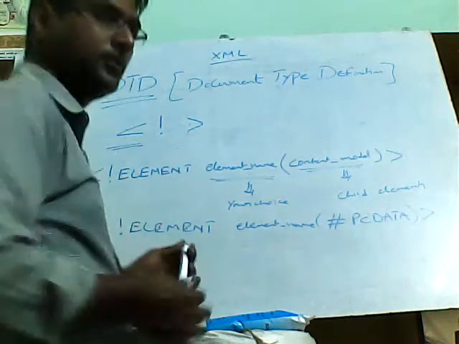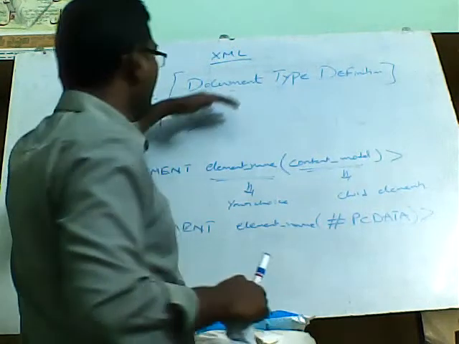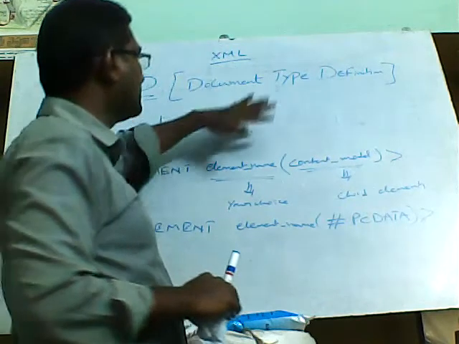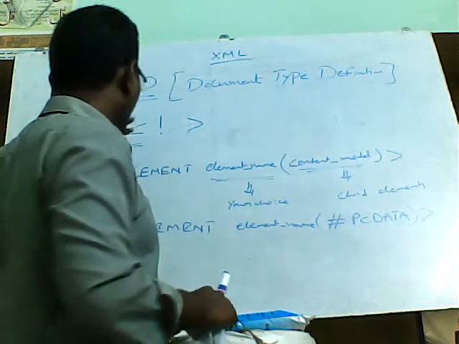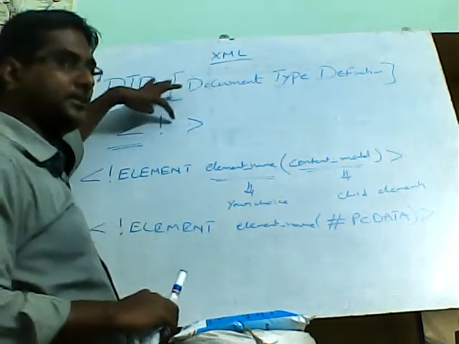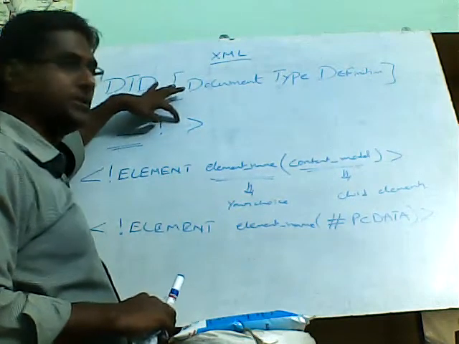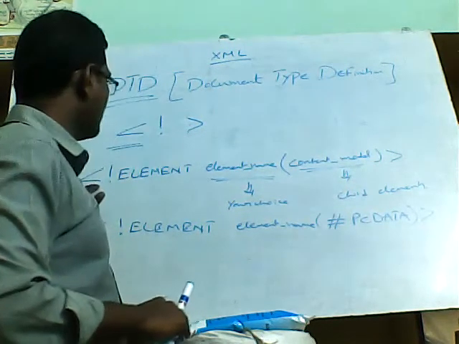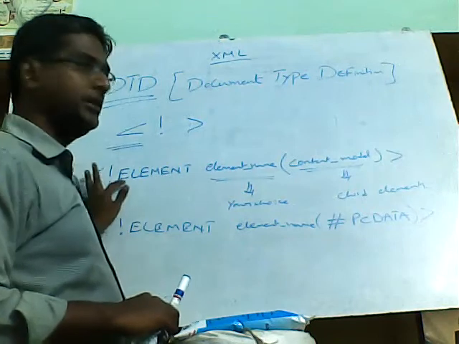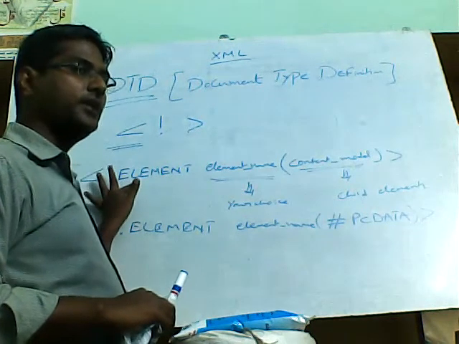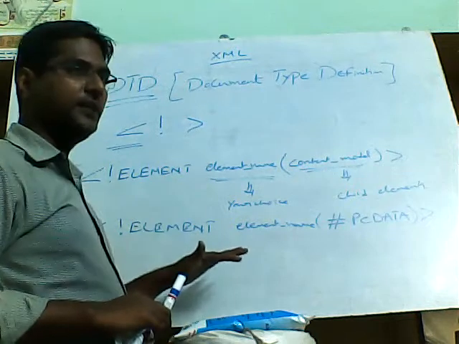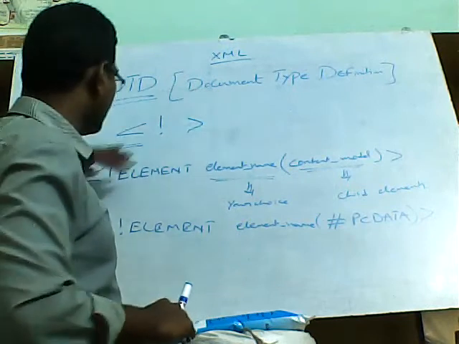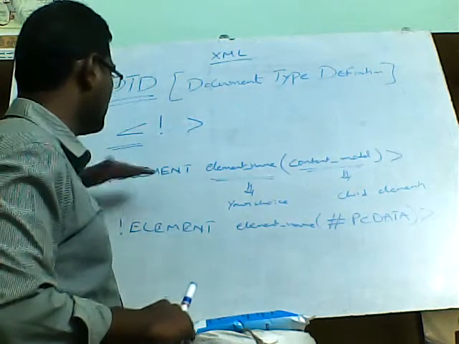So if you want to define an XML document, this is the procedure we need to follow in DTD. The actual syntax for defining an XML document is less than, exclamation mark. In the XML document, you can find the root element and the child elements. While writing the definition, two different procedures we need to follow.